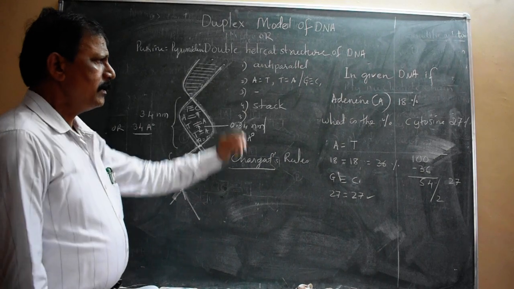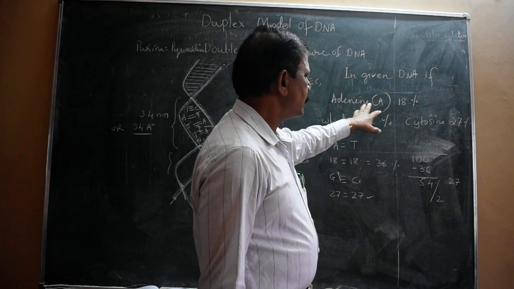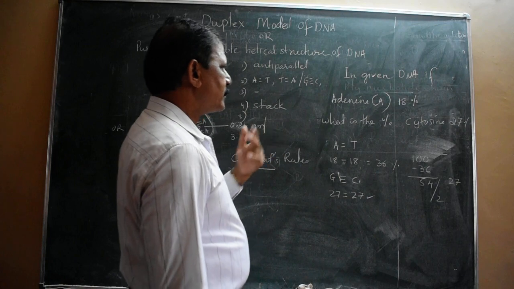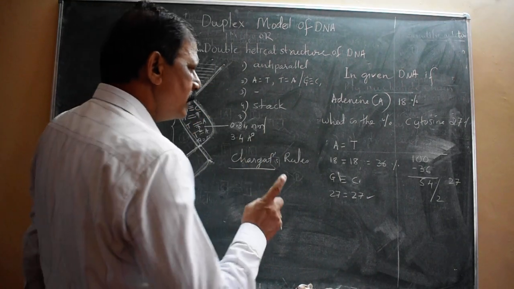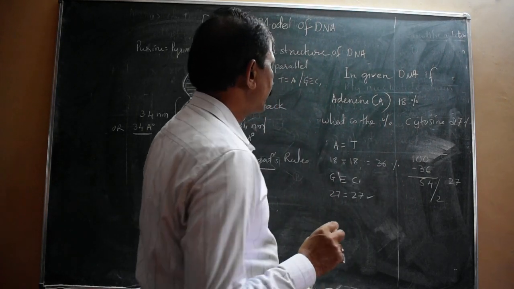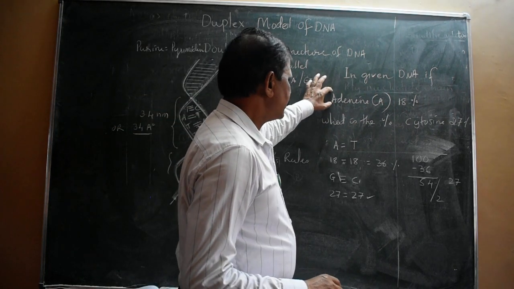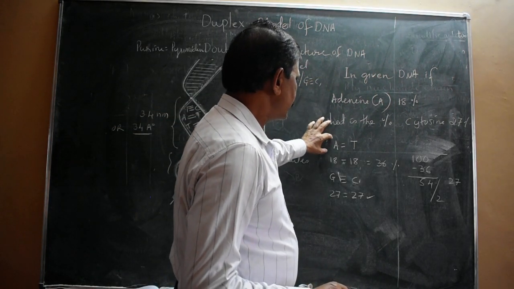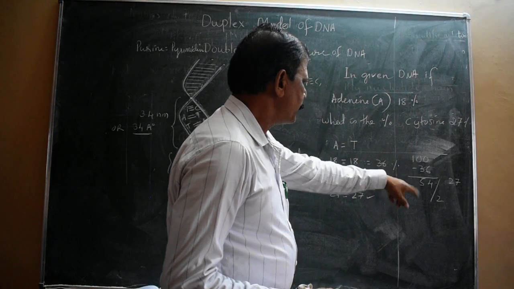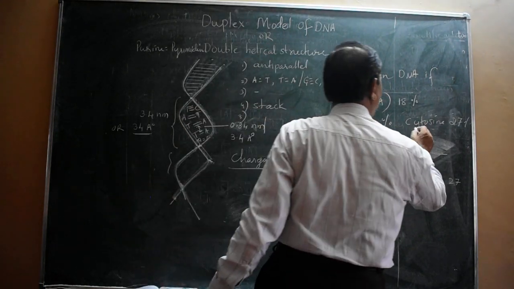Got it? So when adenine is 18%, thymine is also 18%, so that means 36. So 36 subtracted from 100 gives the remainder, and then the cytosine must be how much?